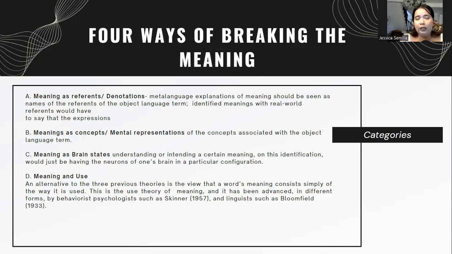You try to connote it with or look into the relationship to his actions. That's why you try to correlate, do you think the actions speak the same thing as his words? That is what you mean by meaning and use. So that's how you try to break the meaning: either by looking at the referent, mental representation, brain states, and also meaning and use.